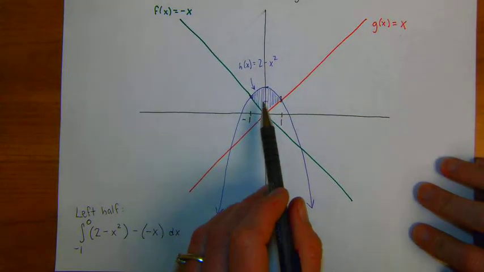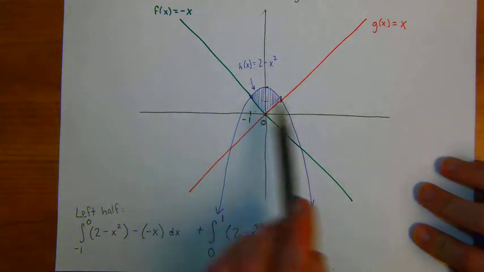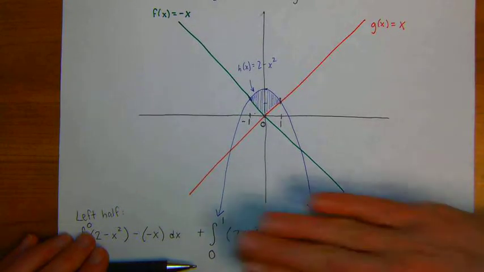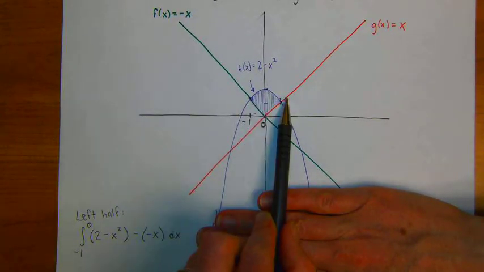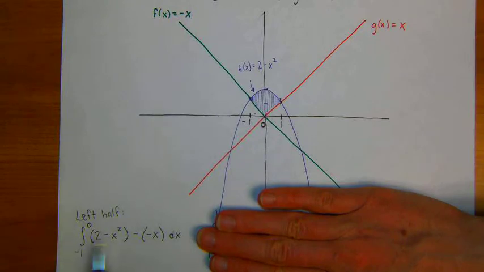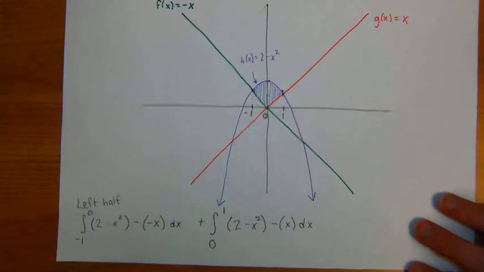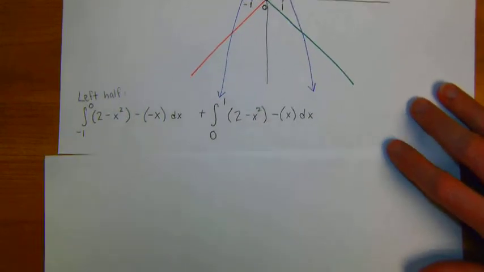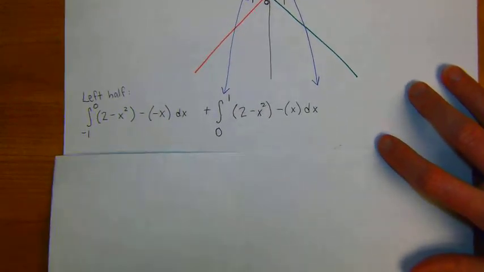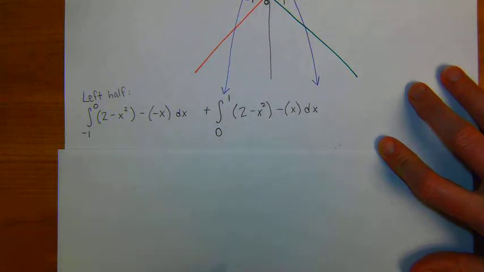Or you can also say this is twice as much work as I need to do. If I just computed half of the region, I know that it's symmetric, so I could multiply this by 2 to get the exact value. I agree that in this case, because the figure is symmetric, we can make use of that symmetry to do half the work. For this example, I'm going to finish this computation.